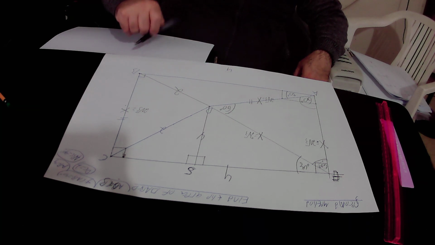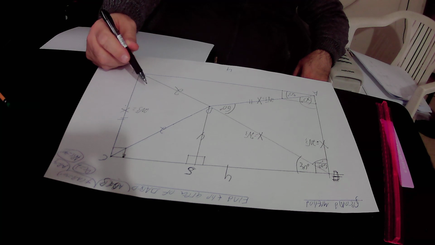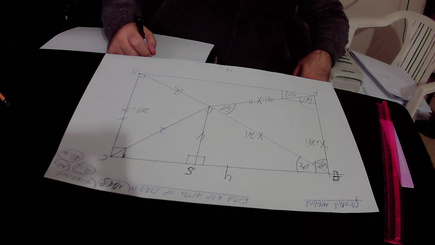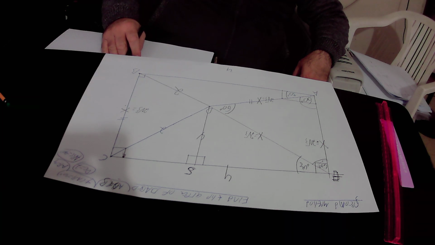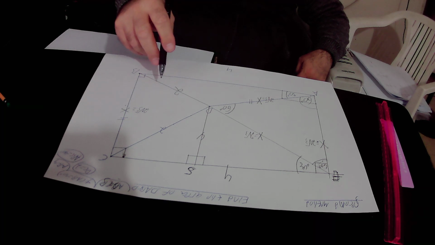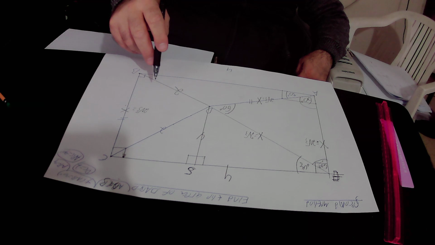In the next step we will find out the area of triangle BDC. We will find it according to a special formula. We will calculate the semi-perimeter of triangle BDC.